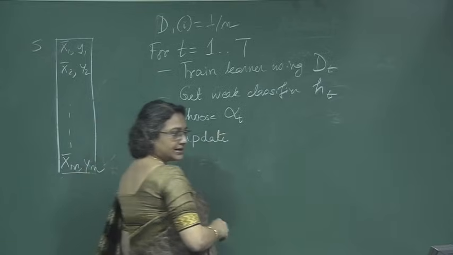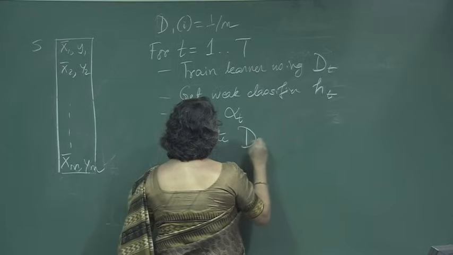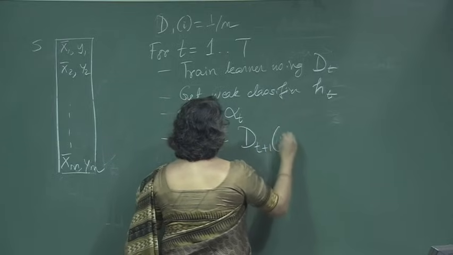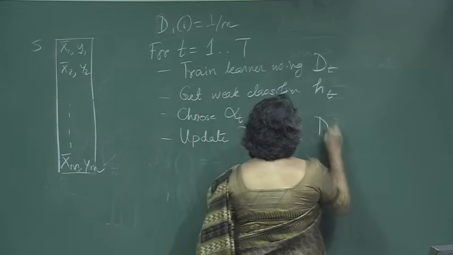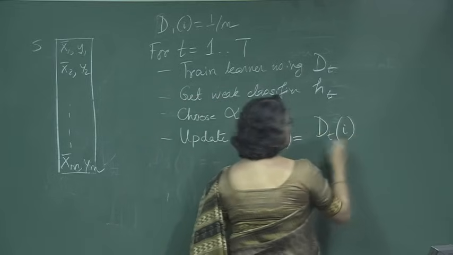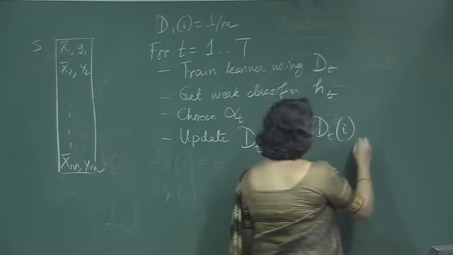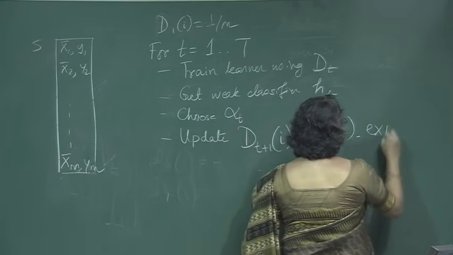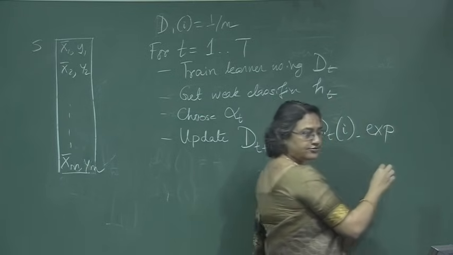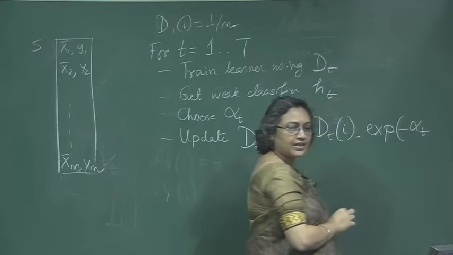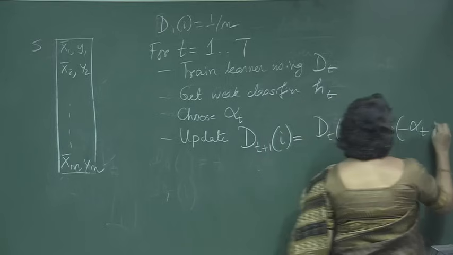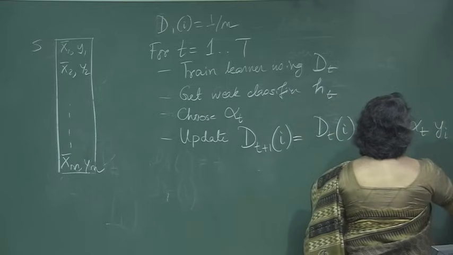So, we get dt plus 1 i as the updated distribution, which is obtained from dt i into exponential of minus alpha t yi ht xi.